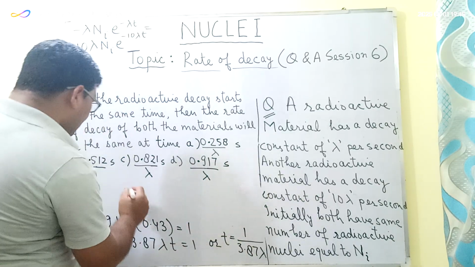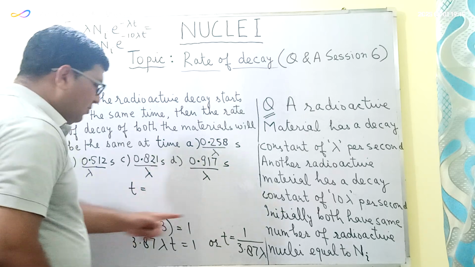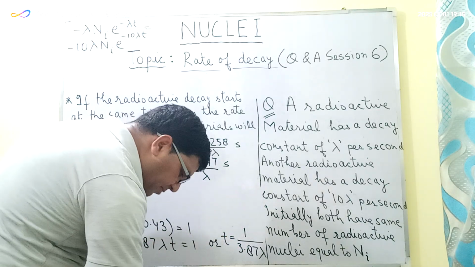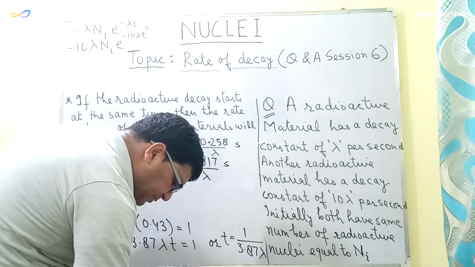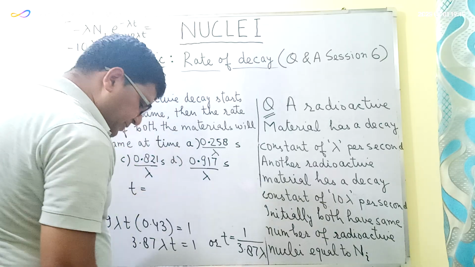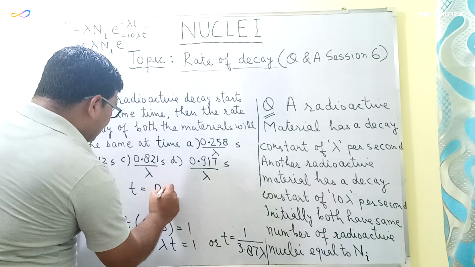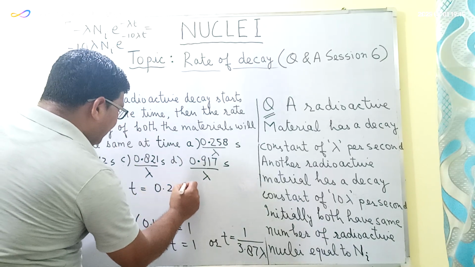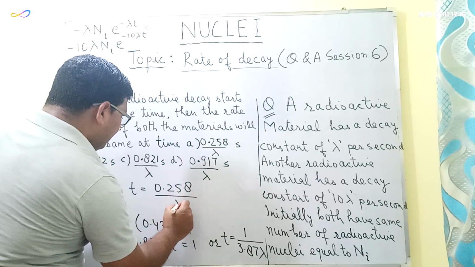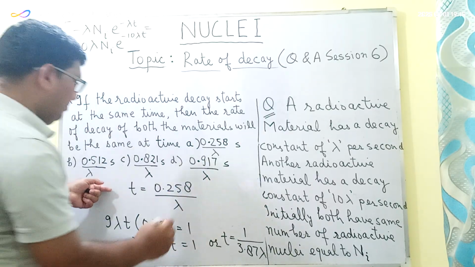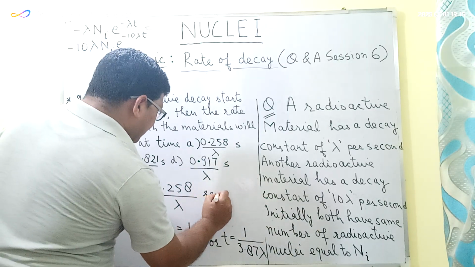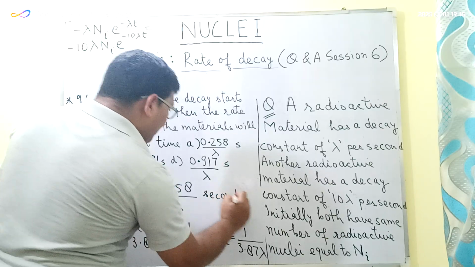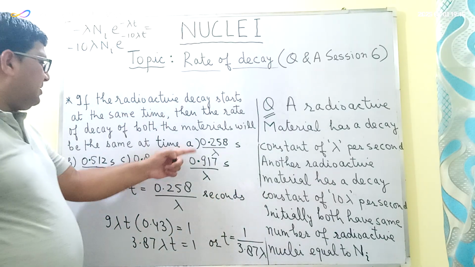So t will be equal to 1 divided by 3.87, which is equal to 0.258 divided by lambda, and this will be in seconds. So the correct option here is A.